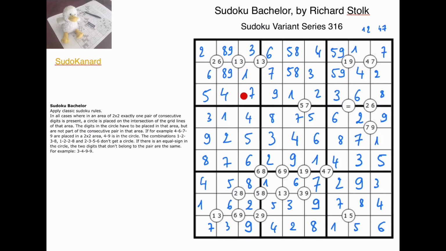Is it here? Yes, it's here. If I put an 8 here, I have exactly 1 consecutive pair. So I must remove this, and this, and this.